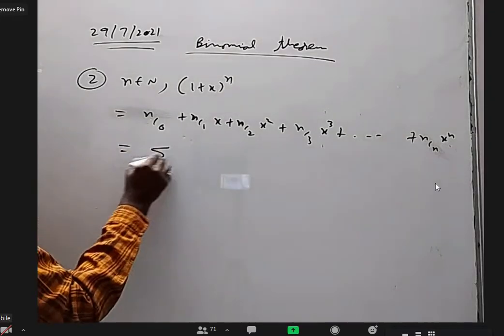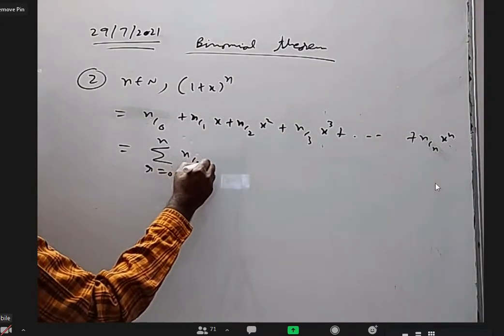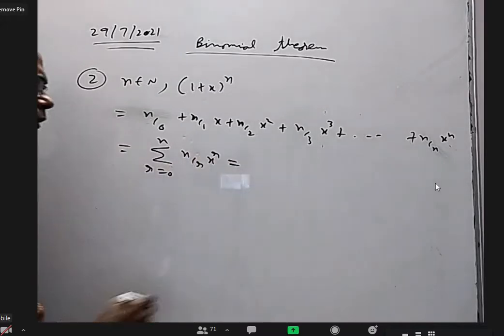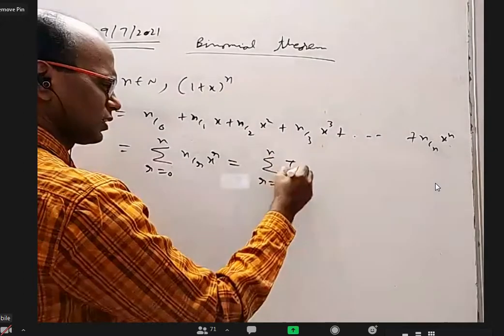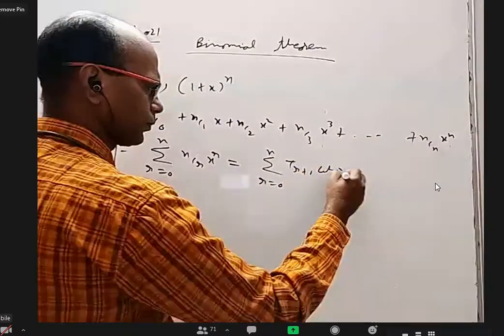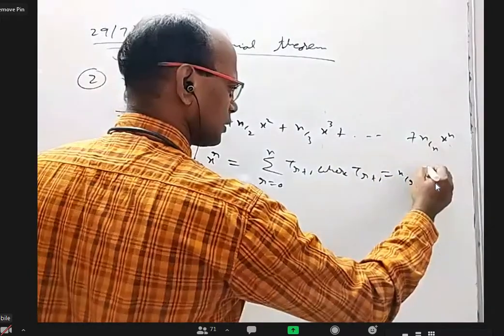This also we can write as sigma r equal to 0 to n nCr x power r, or sigma r equal to 0 to n tr plus 1, where tr plus 1 is equal to nCr x power r.